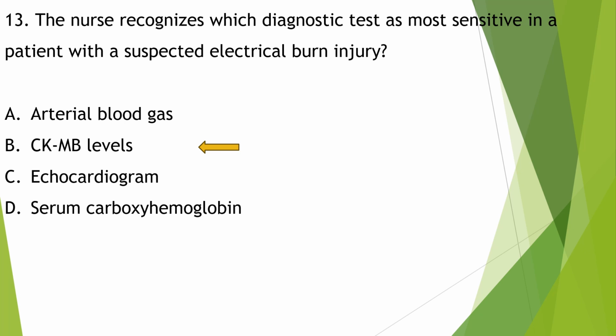Arterial blood gas is important to monitor overall respiratory status but is not selective to electrical injuries. Likewise, an echocardiogram is indicated for assessment of cardiac function that would not be immediate in a patient after a burn injury. So here CKMB levels need to be obtained as a baseline for electrical injury.